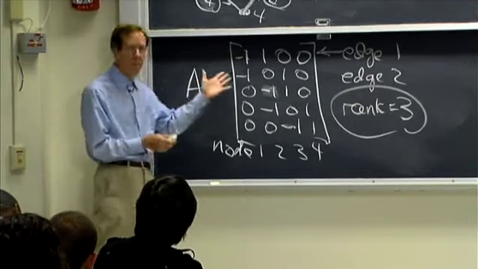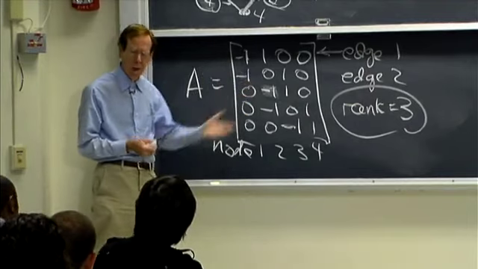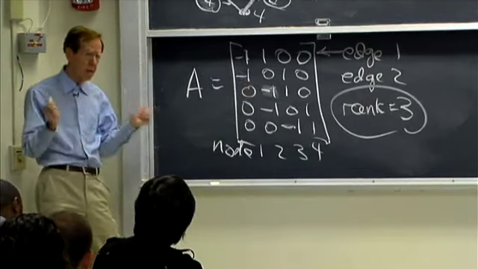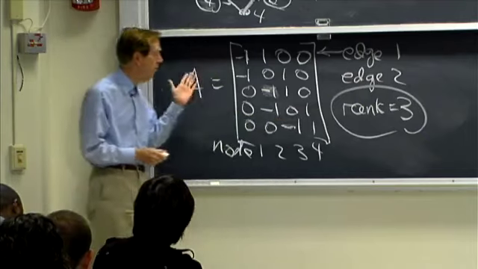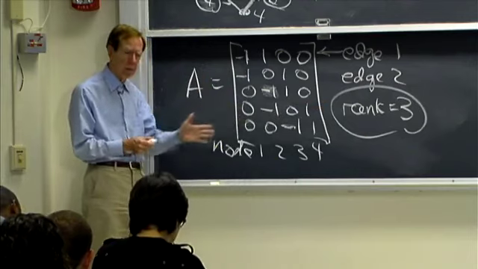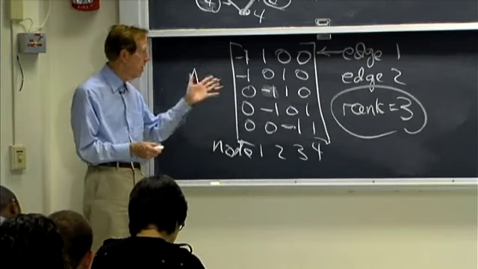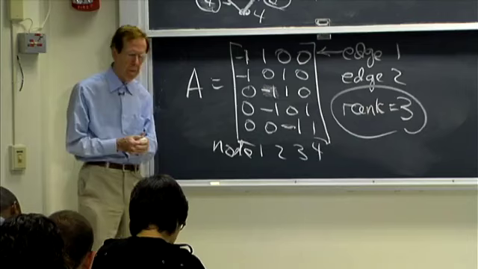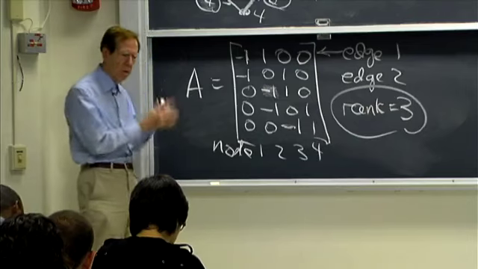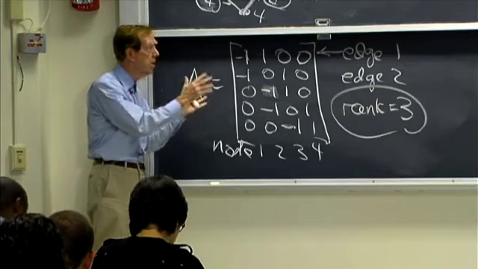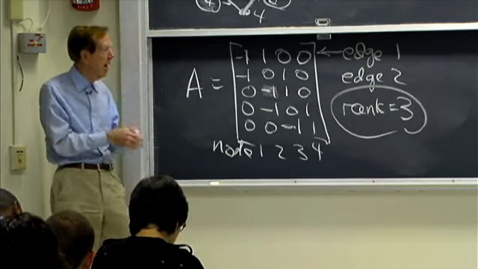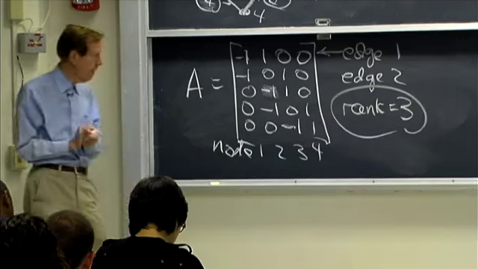But are there 4 in this particular case? Here's the great fact. No, there are 3. If there are 3 independent columns and no more, then there are 3 independent rows and no more. And we'll get to see which rows are independent and which are not. That's a question about A transpose, and we haven't got to A transpose yet.